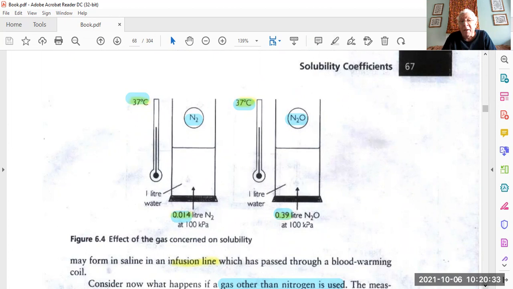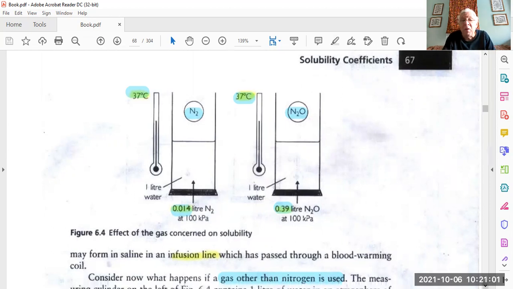You can see the 0.014 that we had mentioned before, so this is easy to memorize, compared with the 0.39 of nitrous oxide being absorbed at temperature 37. So nitrous oxide definitely is less absorbable than nitrogen in 1 liter of water. So this is the third factor affecting solubility.